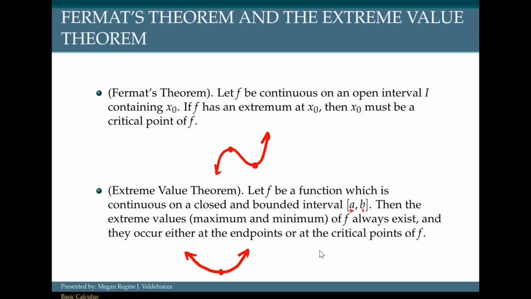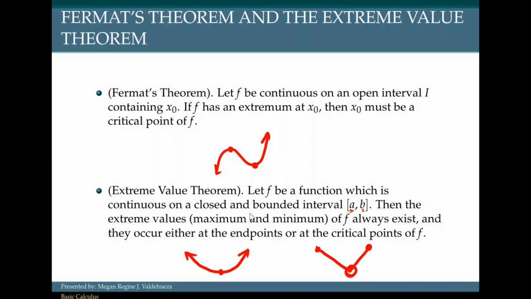Also, if we have from this point up to this point, but this point does not exist, this is not a minimum, we only have a maximum here, this is bounded, but this is not continuous, and we don't have a minimum value here. So EVT is not satisfied.